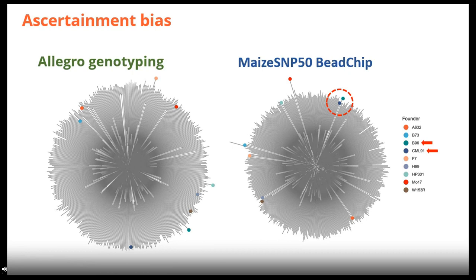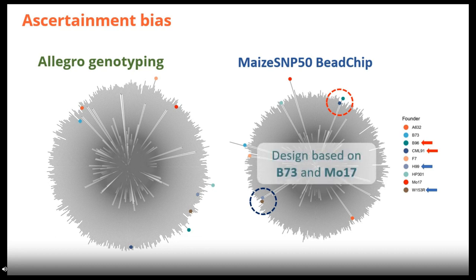The biggest problems arose, as you see here in red, between B96 and CML91, and between H99 and W153R. These biases are due to the fact that the BeadChip, we know, is mostly designed on two other parents of this panel, which are B73 and Mo17, which you see in dark red and light blue here.